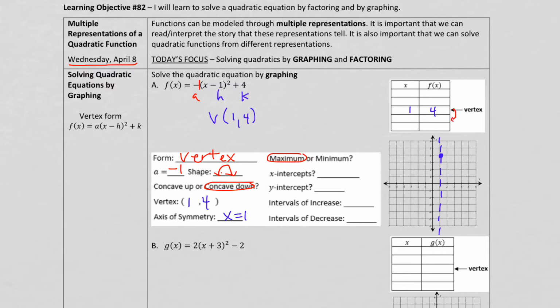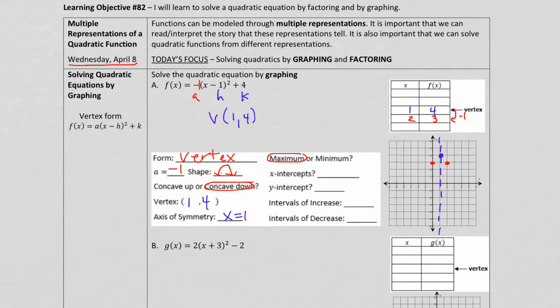So if I just, in this case, subtract 1 from 4, I get 3. So at the point x equals 2, I'm going to have a point y equals 3 as well. And I can reflect that point. So there's my U shape taking form.